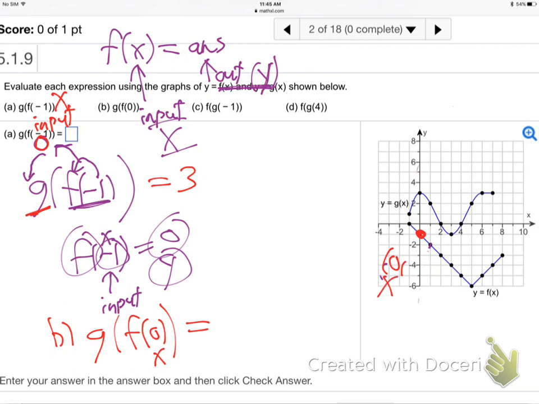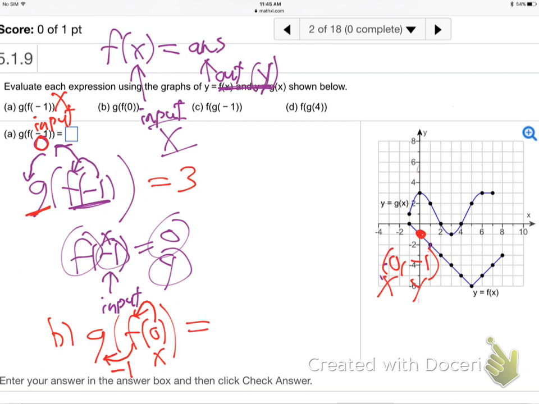Thank you, I was just looking at that -2 there. That's the X, Y, the input-output for the F graph. So that means you put 0 into F, out will come -1. Is that good? Put in 0, out comes -1.